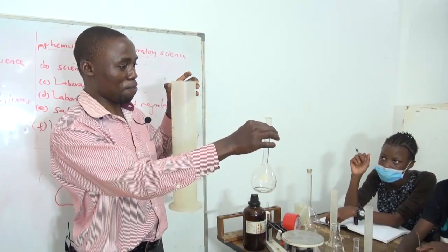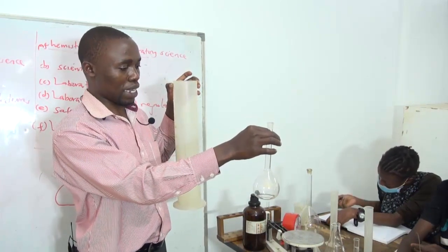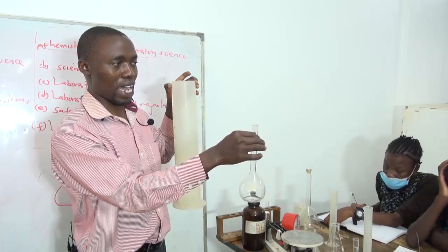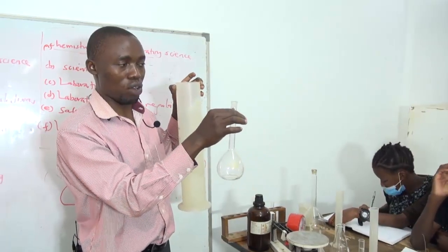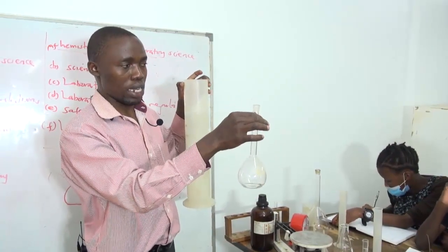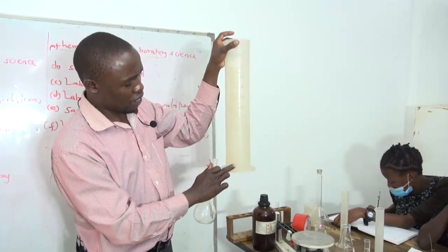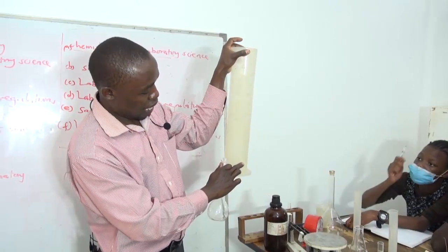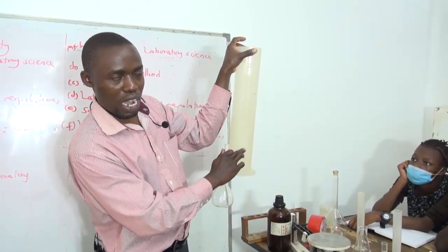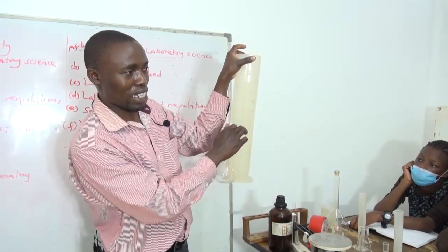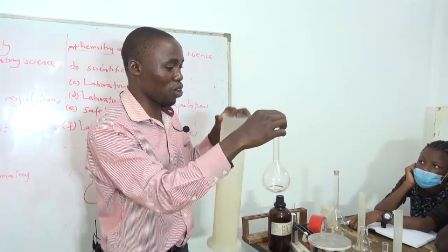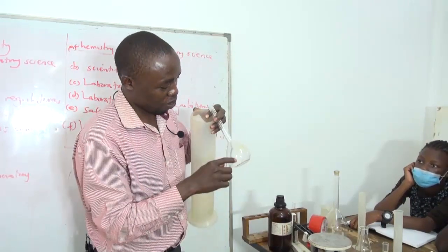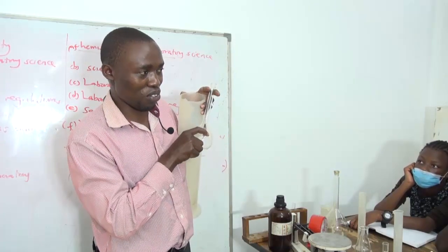Now, listen here. There are some apparatus among these which are very accurate and measure only one single volume. This can measure a variety of volumes, as long as you come from down and put anything you want. But this has only one volume written here, called 250 mils.